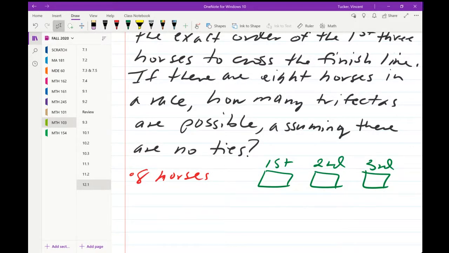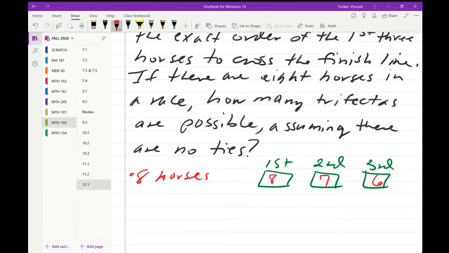If there are 8 horses, then I have 8 options for first place to choose from. Now, when one crosses the finish line, that means for my second option, I'm going to have 7 horses to choose from. Then once the second place horse crosses the finish line, I will have 6 horses to choose from.